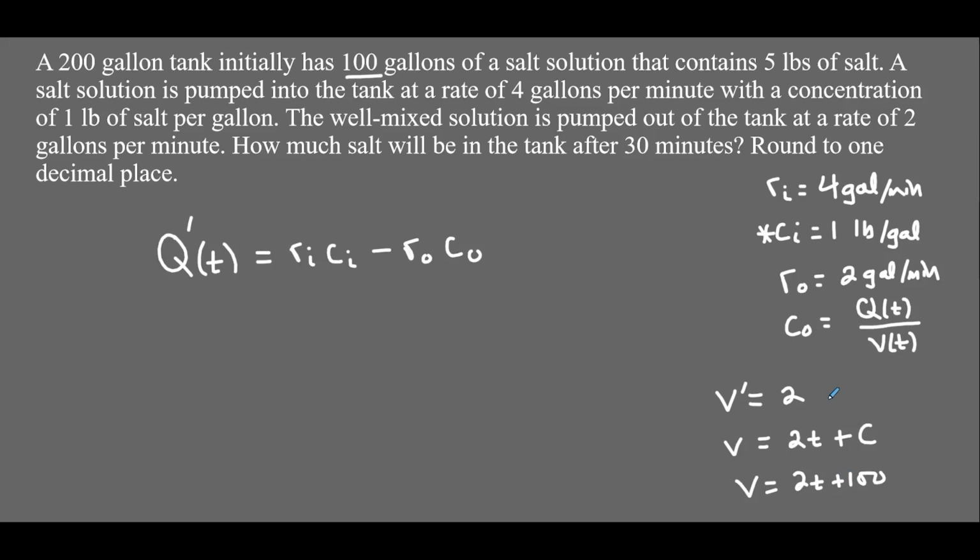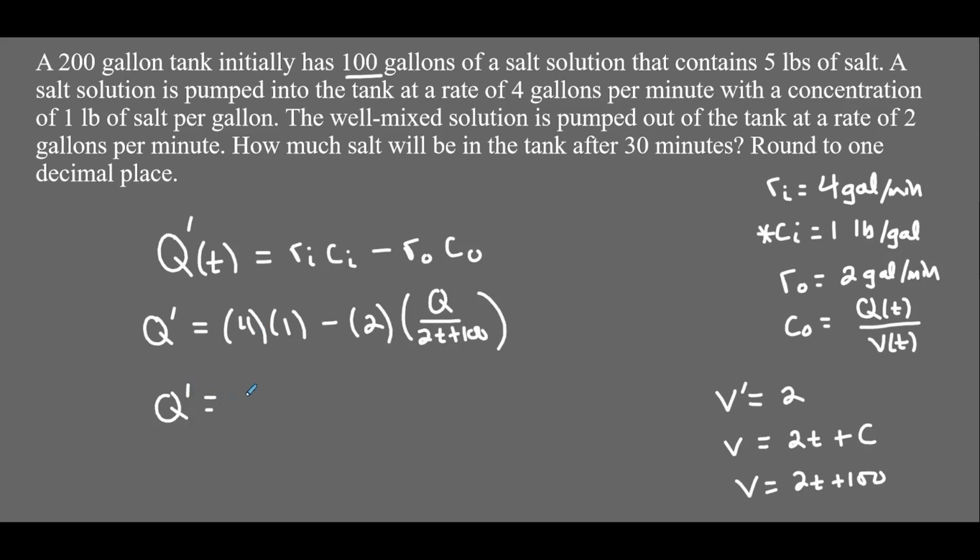All right, so now I have all the pieces I need to write my differential equation. So Q prime is 4 times 1 minus 2 times Q over 2t plus 100. Just some simplification. This is 4, and then 2 over 2t plus 100.